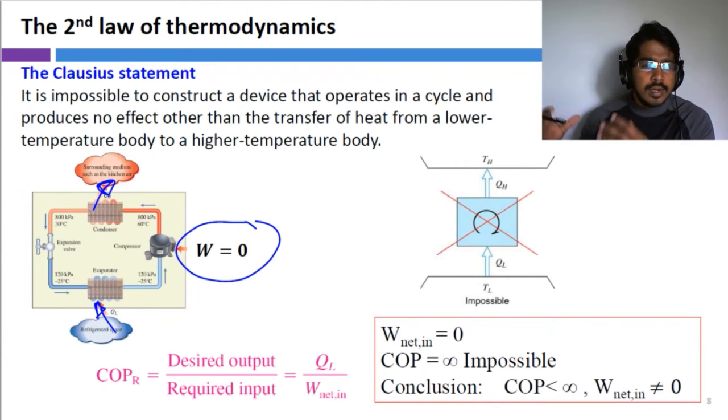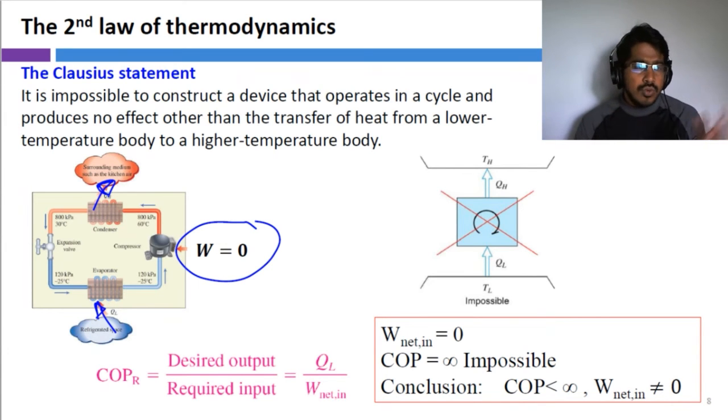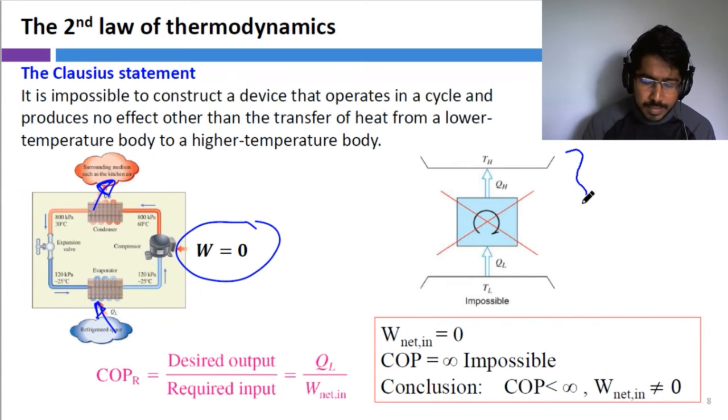You just bring in the refrigerator from Home Depot or wherever, and then you just place it, and you are happy ever after. It's cooling your beverages forever, right? That's what the Clausius statement says. Unfortunately, you cannot purchase such a machine. There's no such machine. So when W equals 0, we can draw the schematic as seen here.